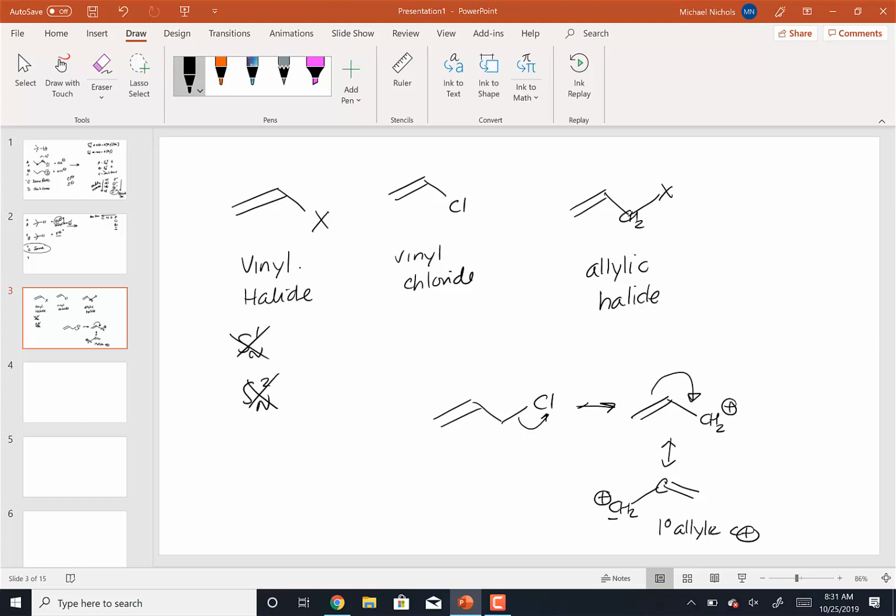I would put that up there with tertiary, maybe even more stable than a tertiary carbocation. Okay. So when they talked about allylics, allylics can undergo both SN1 and SN2. SN2 because they're primary, SN1 because they can form a stable carbocation. So for allylic systems, that's what they're talking about.